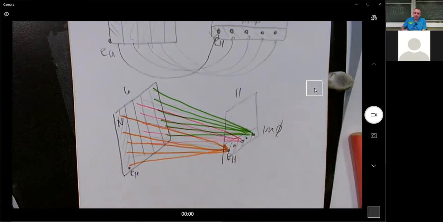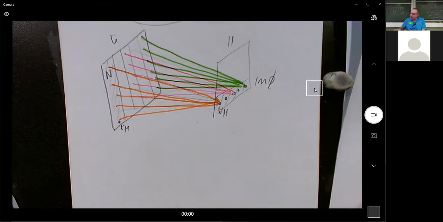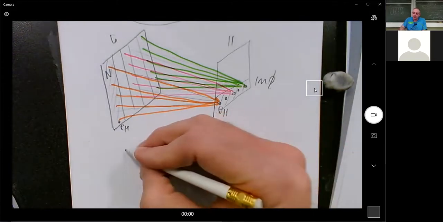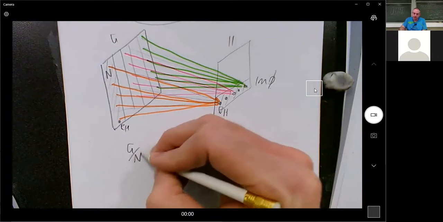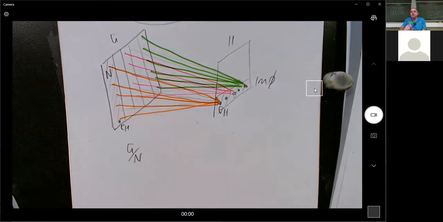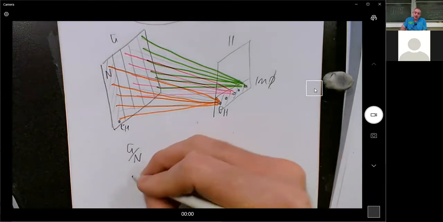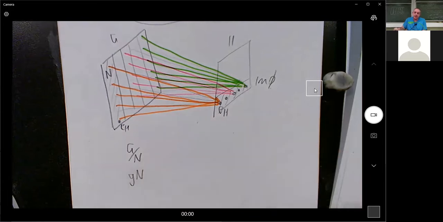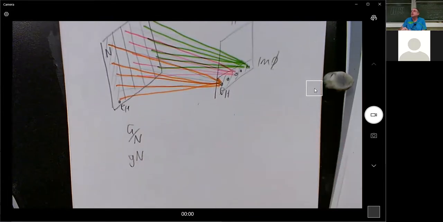Well, let me go back here. So for them to be isomorphic, G over N is these cosets, but the cosets themselves are considered as a whole one element of G over N. And this is made of things called gN, like that.